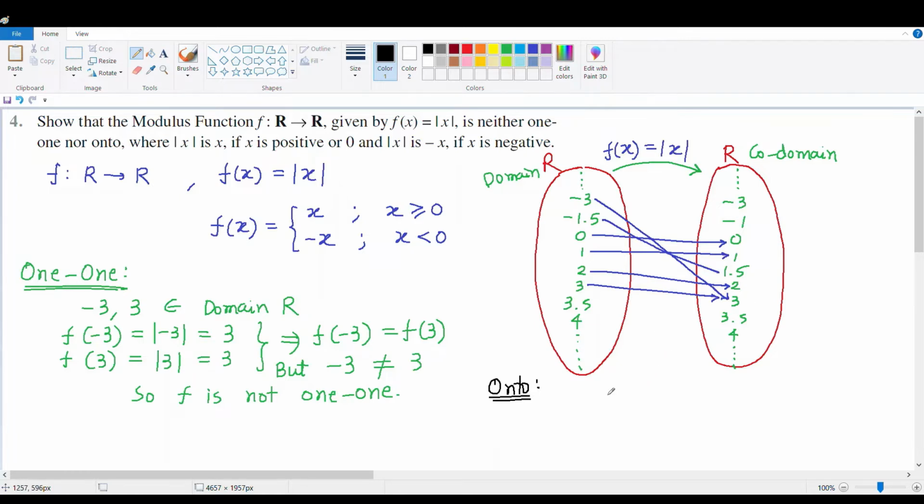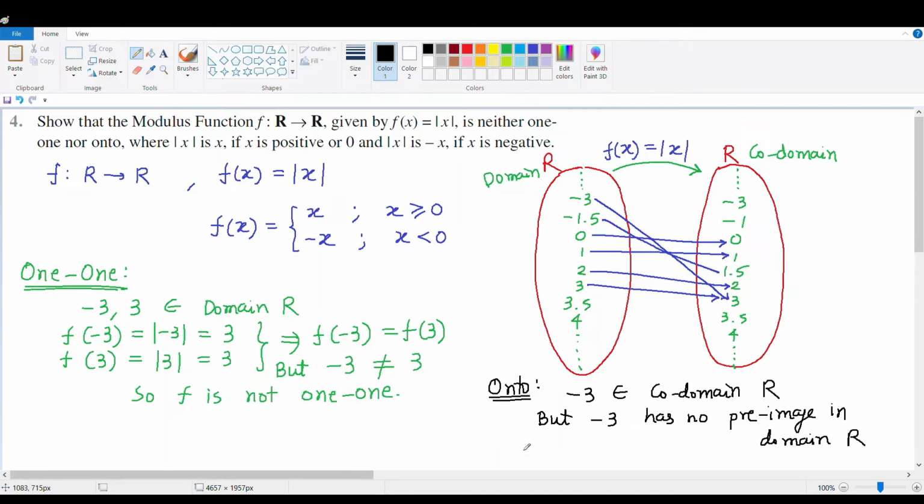So we are just going to show that negative 3 belongs to codomain R, but negative 3 has no pre-image in domain R, so f is not onto.